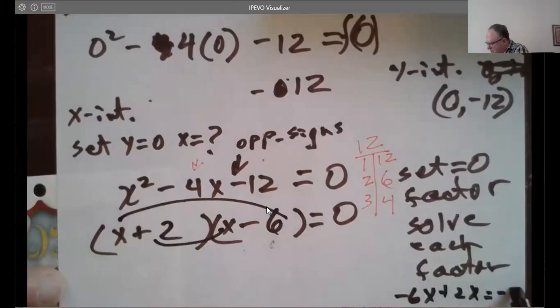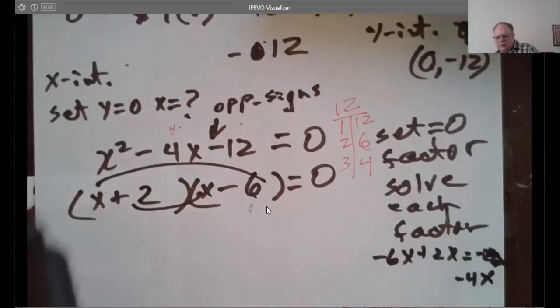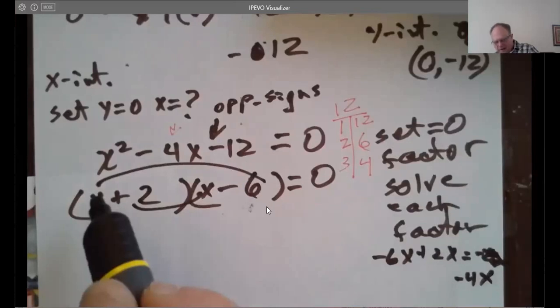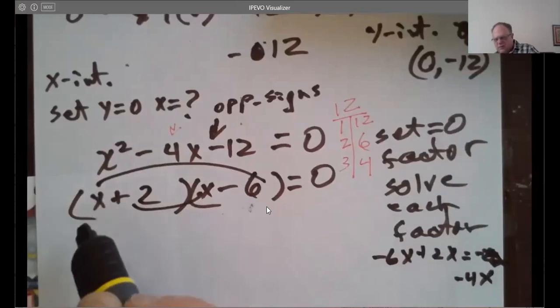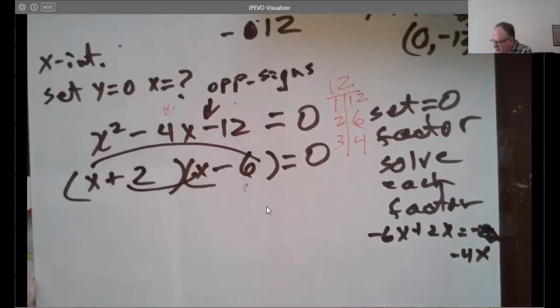You get negative 4x, and it checks. So you always want to check your factoring, because if your factoring's wrong, then your solution's wrong too, right?